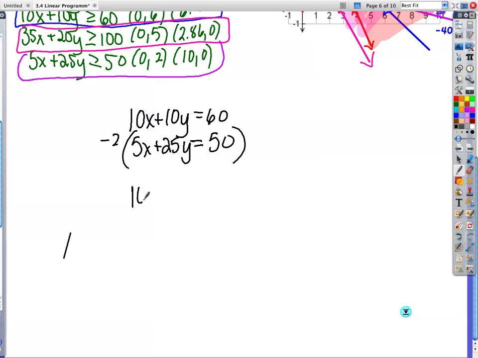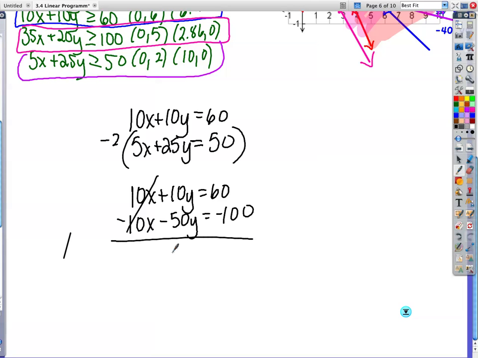That way I rewrite the top one, 10x plus 10y equals 60, and the bottom one times -2 gives me -10x minus 50y equals -100. The x terms are gone, and this becomes -40y equals -40. So my y value is 1.